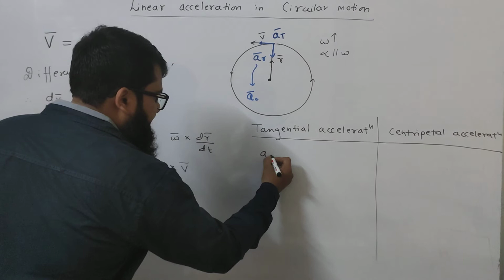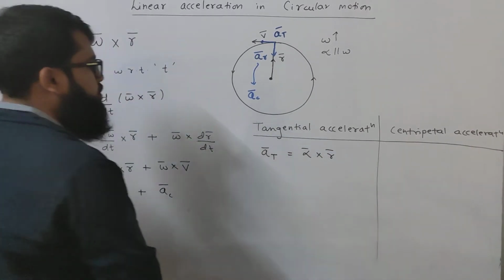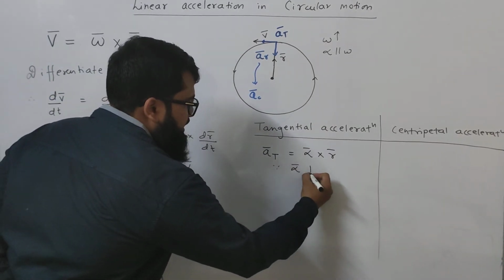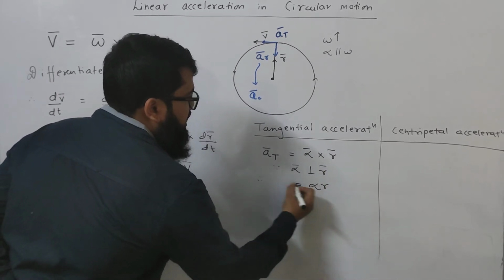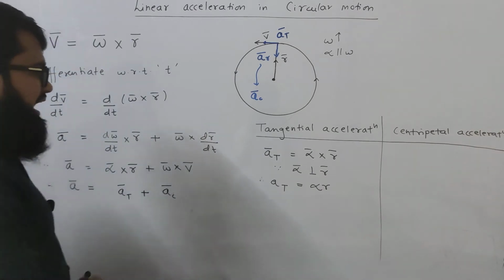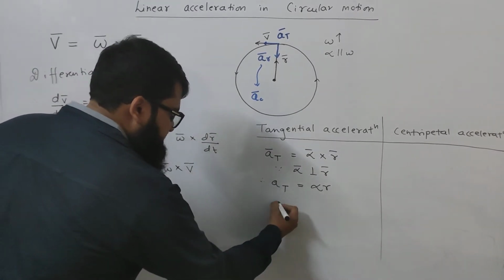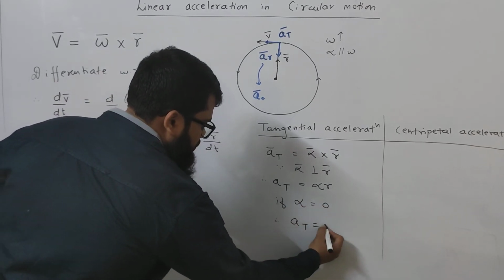Again, the formula of at bar is alpha cross r. And you know that alpha and r are perpendicular to each other. Since alpha is perpendicular to r, alpha cross r becomes alpha r sin 90, which gives you alpha r. So magnitude wise at is alpha r. And you can see if alpha is 0, at becomes 0.